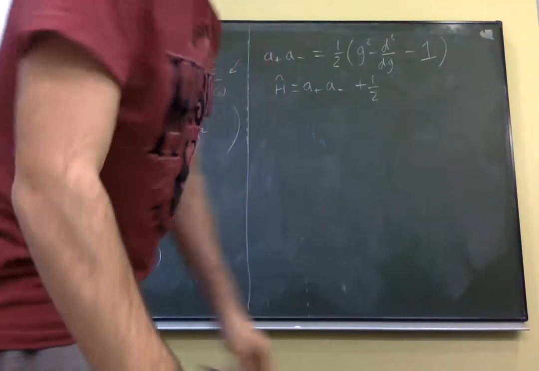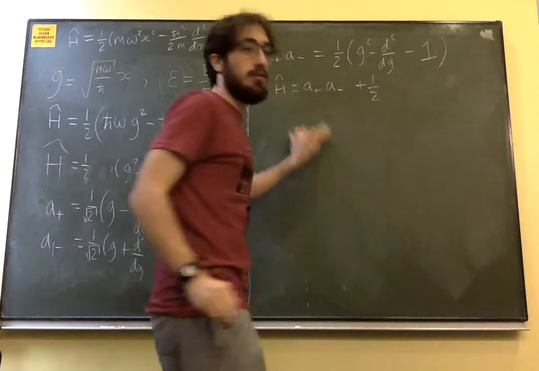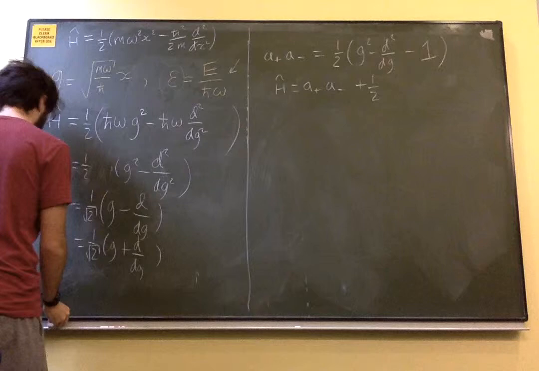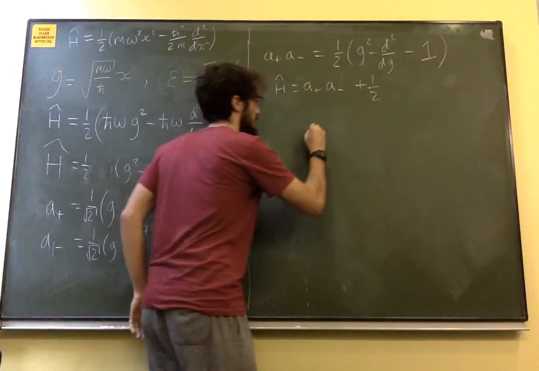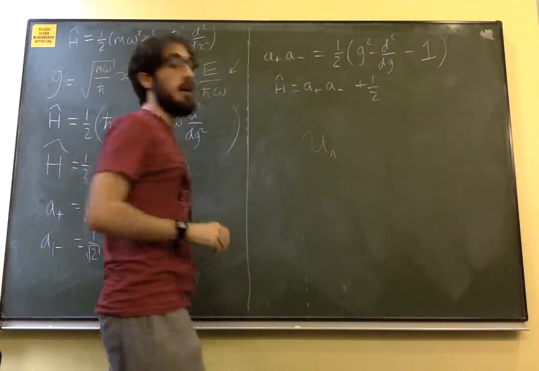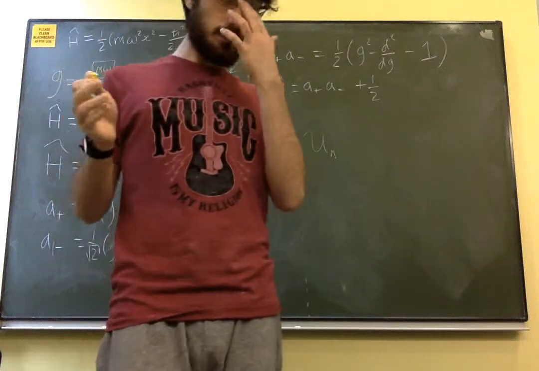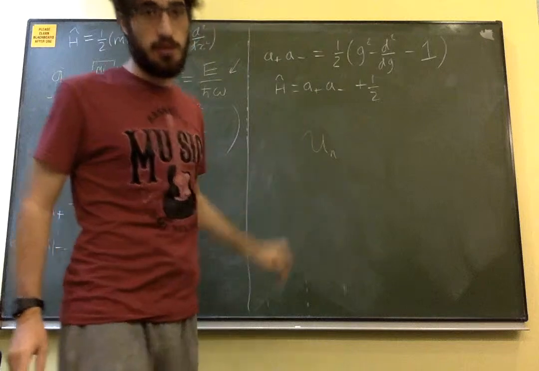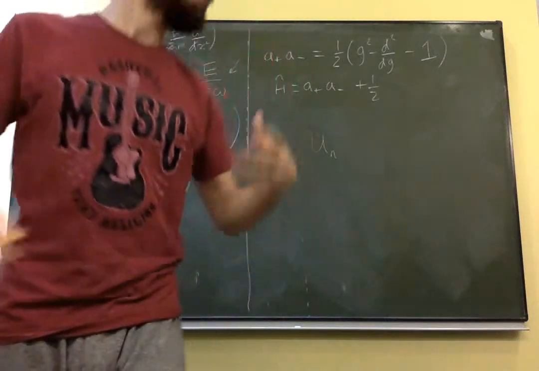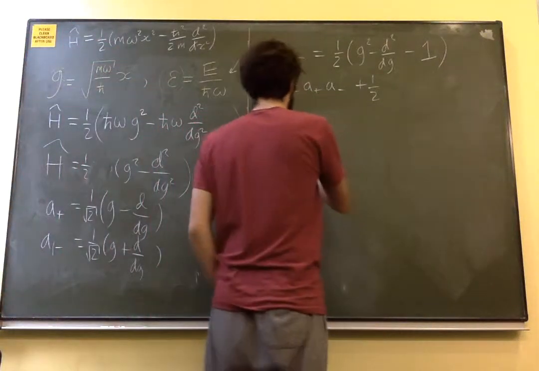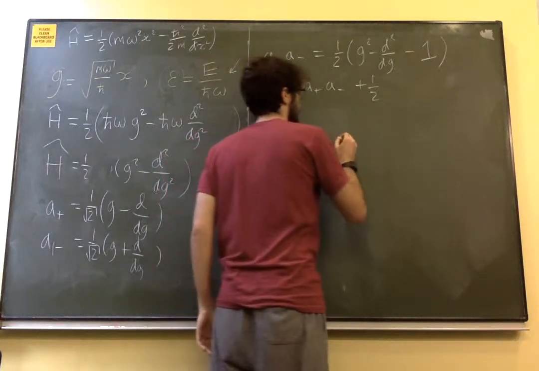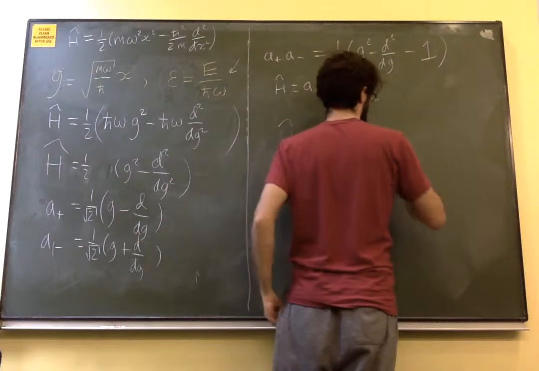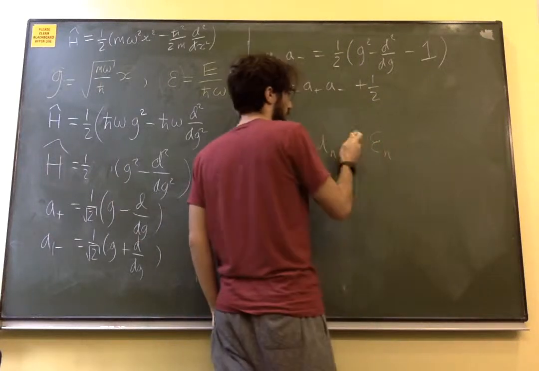Right, that's crucial. I'm not saying that it's an eigenfunction of a plus or a minus or anything like that. I take an eigenfunction of the Hamiltonian, u n. Suppose that u n is an eigenfunction not of a plus, not of a minus, but of the Hamiltonian. So this will have some energy associated with it, the eigenvalue of the Hamiltonian gives you the energy.